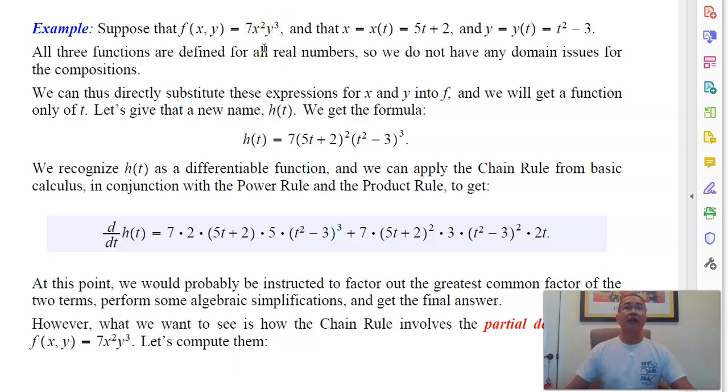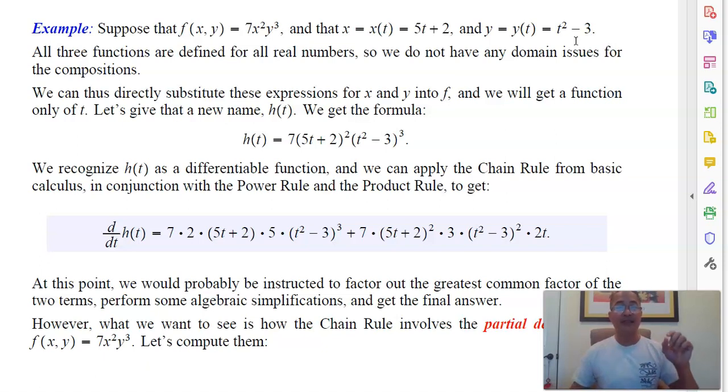So what are we going to do? We're going to make x and y both depend on a third variable t. A single third variable. So x will be 5t plus 2 and y will be t squared minus 3. Now remember the chain rule is about a composition.